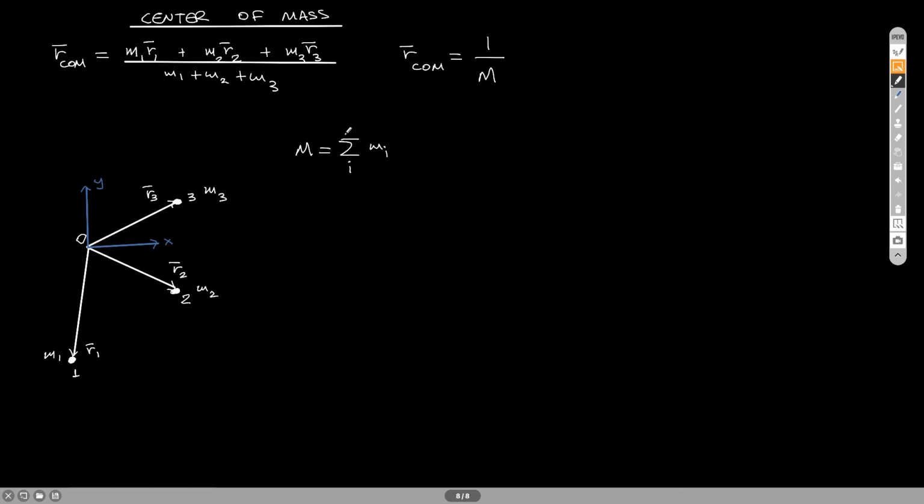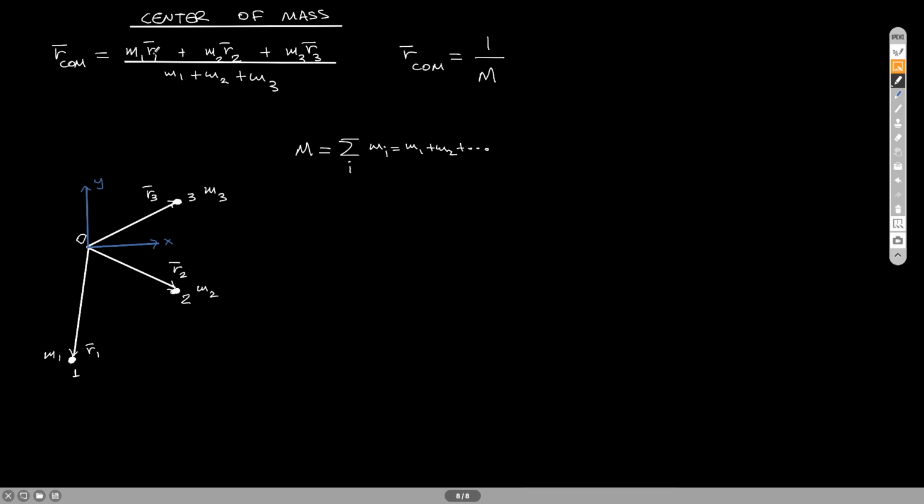The Greek letter uppercase sigma means that it's a sum, and the i here indicates that I'm adding all the masses. So this really means m1, m2, and so on. Okay, it's a sum. So 1 over uppercase M means that you have 1 over the total mass in your system.